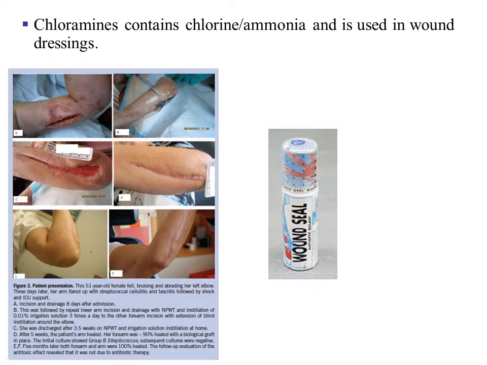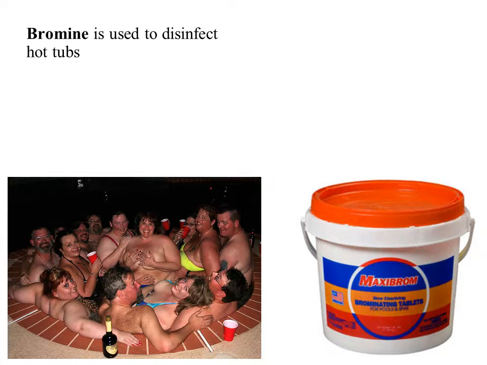Chloramines contain chlorine and ammonia. It is used in wound dressing. The next halogen is bromine. It is used to disinfect hot tubs.